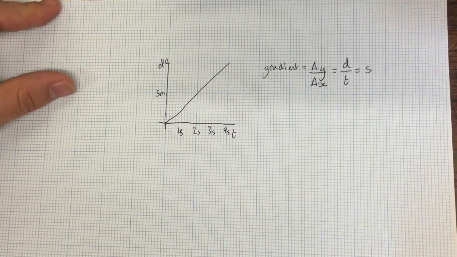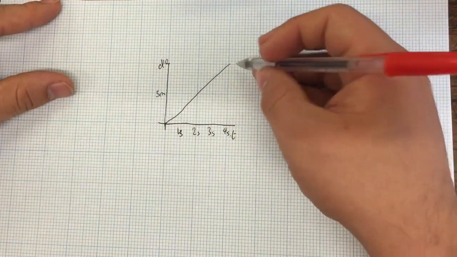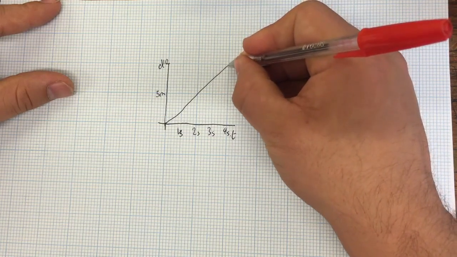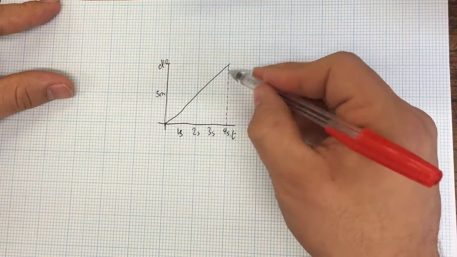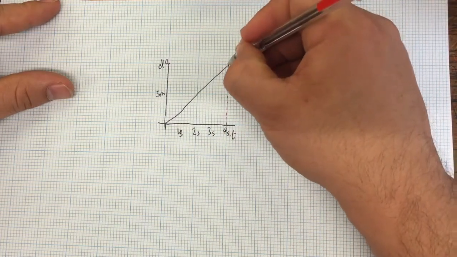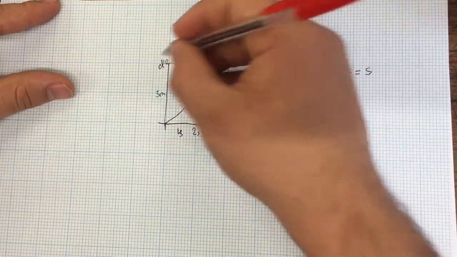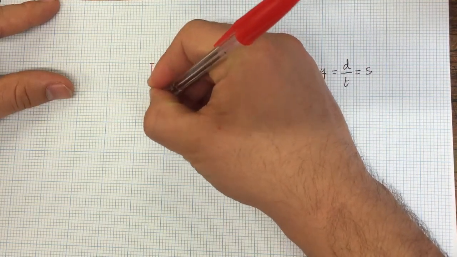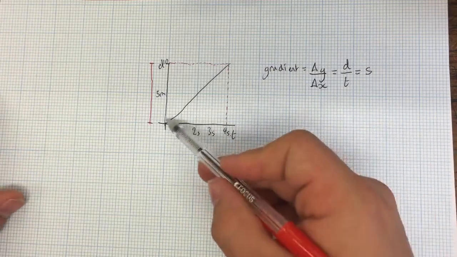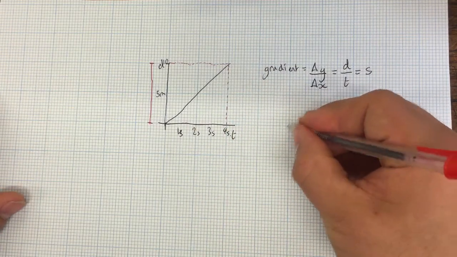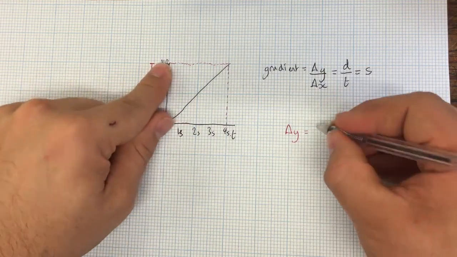Because I've got a nice straight line, I'm going to use the two biggest points that I can. So I'm going to go right up at the top. What I do is I use my graph, and where I have my straight line, I just read off, first of all, how tall it is on the y-axis. So on this particular line, the change in the y-axis is from 0 up to 10.